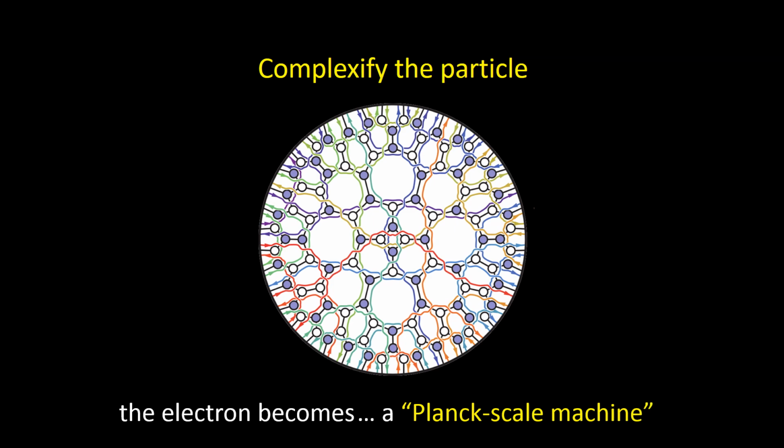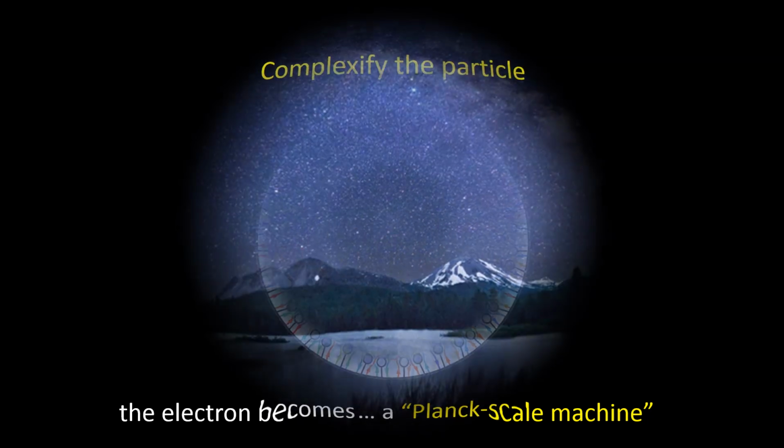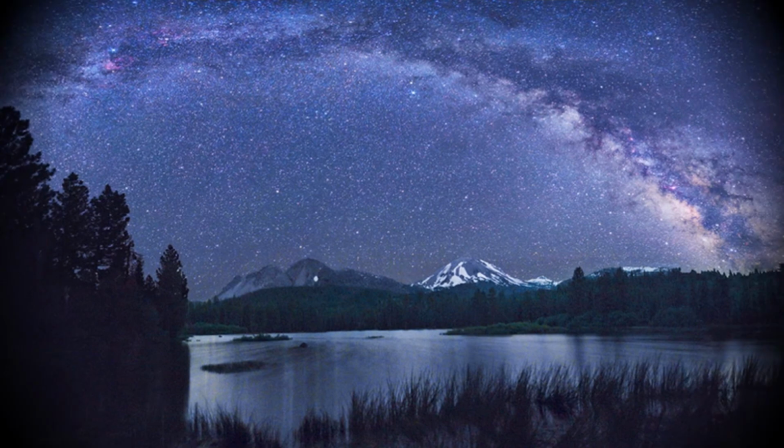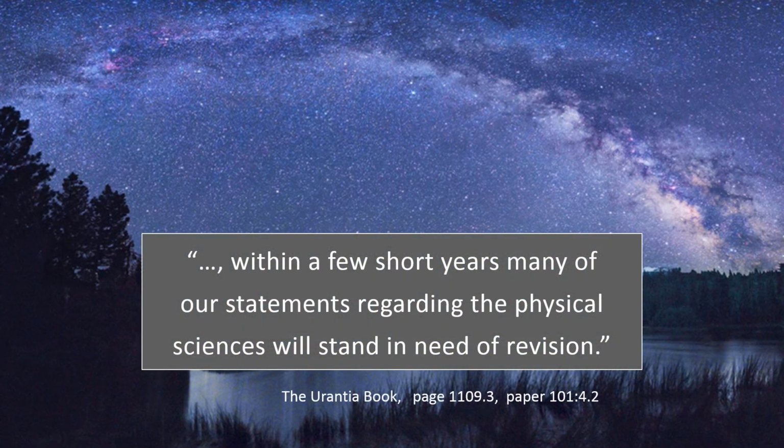Remember how in Paper 101, Section 4, on the limitations of revelation, the author states that, quote, within a few short years, many of our statements regarding the physical sciences will stand in need of revision. So far, we haven't attempted to revise the Urantia Book story.